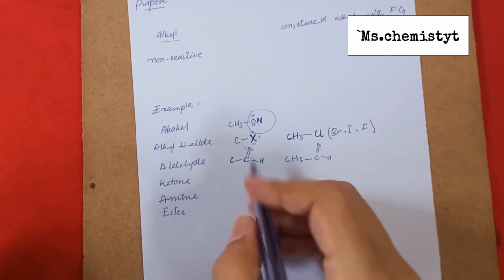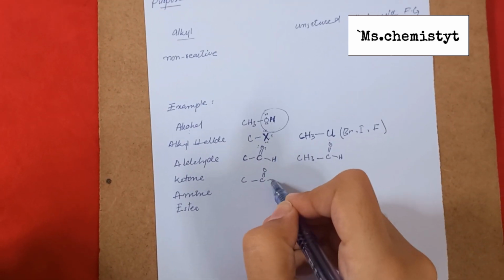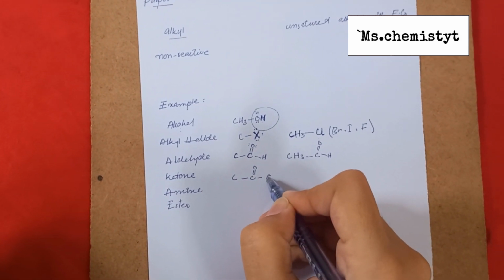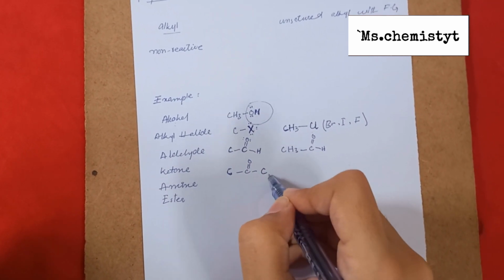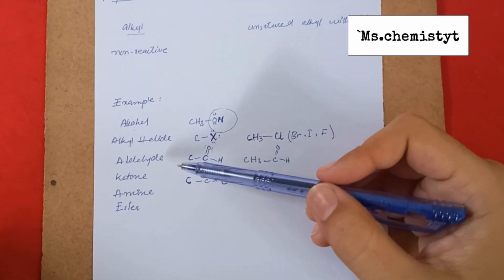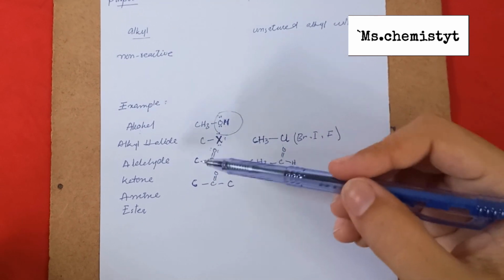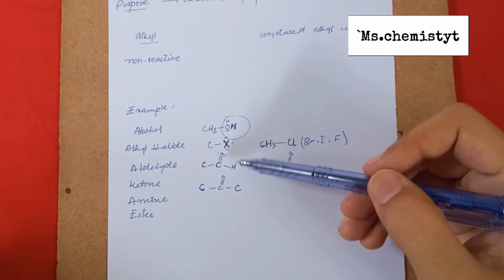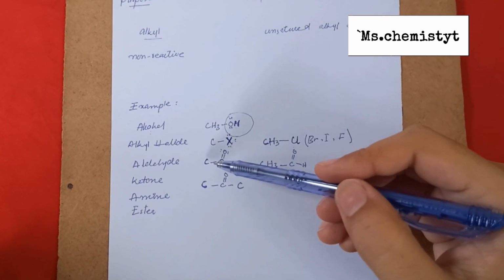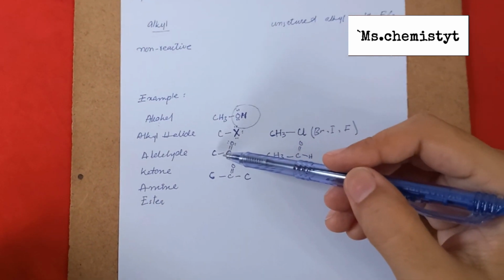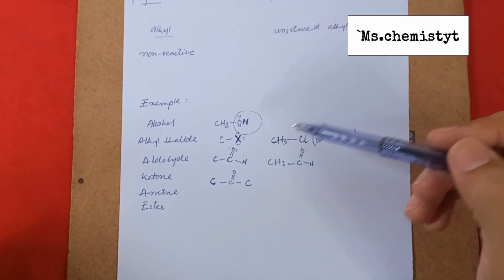Here we have the ketone, the C=O bond, and also the alkyl groups. This carbonyl group contains alkyl groups on both sides. So here is the main difference between aldehyde and ketone: aldehyde possesses 1 hydrogen on one side and the alkyl group on the other side, but ketone possesses 2 alkyl groups, one on each side.